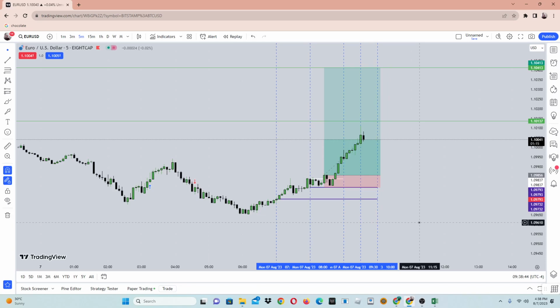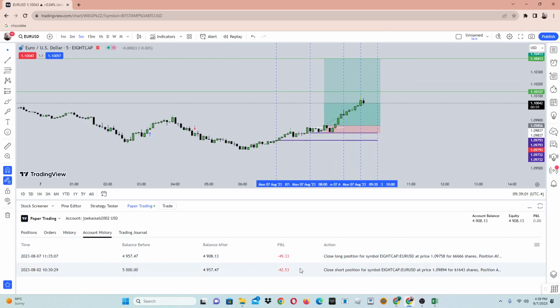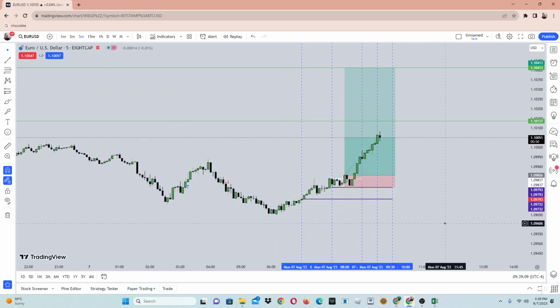So you need to have proper risk management, and this is what I did. And I'm just working on demo accounts, and you need to have the discipline to execute your strategy perfectly. So in these 2 trades, I executed my strategy perfectly. So the process was perfect, but I lost. It's fine for me.